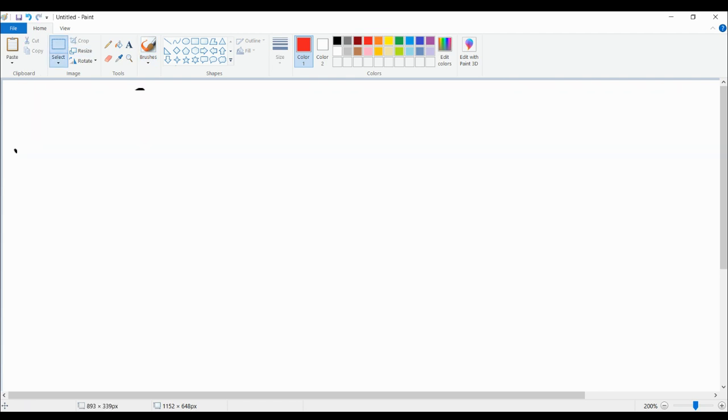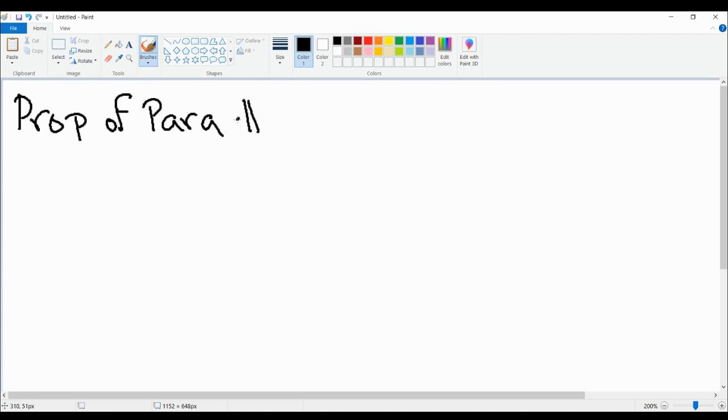Now we're going to talk about property of parallelograms number 3. If I can just delete all this. Okay. So property of parallelogram 3. Parallelograms have always had the same common properties.